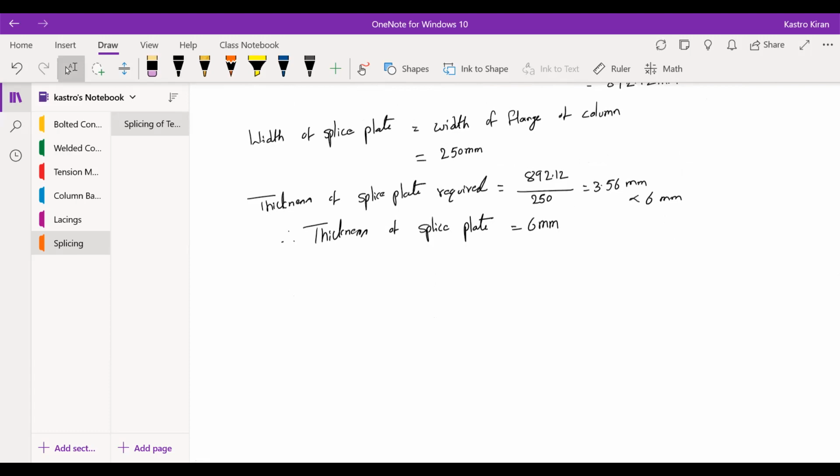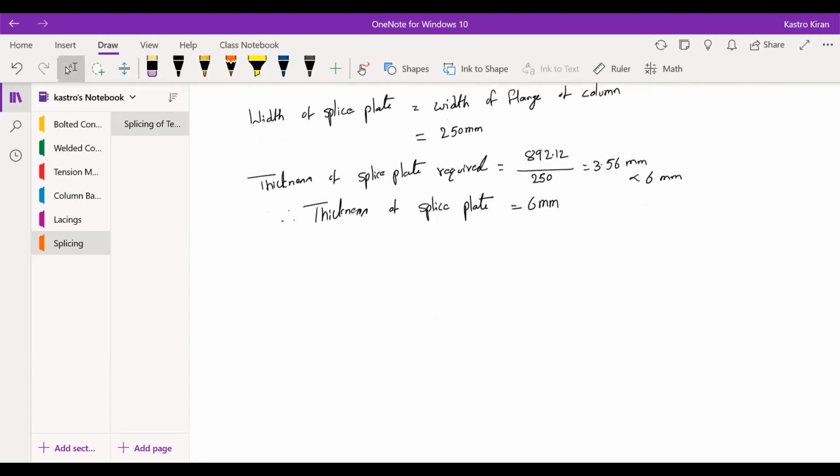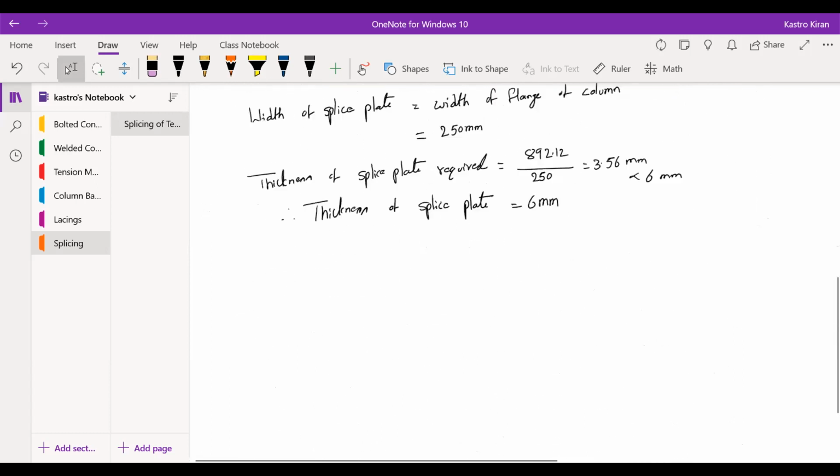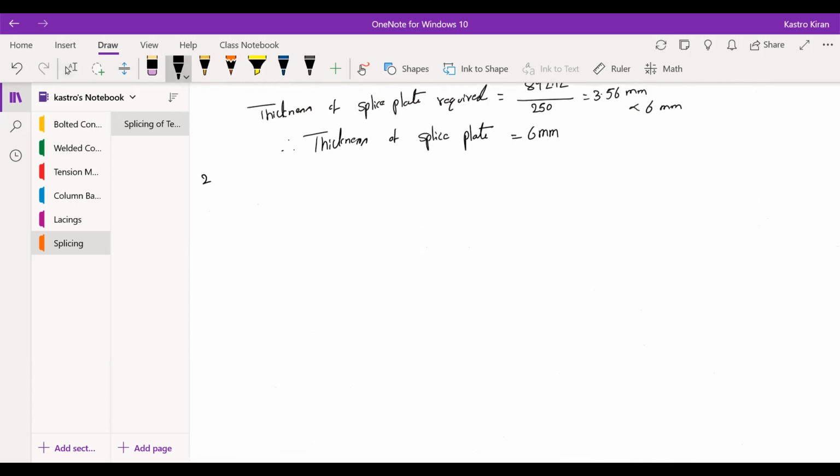So let's design the connections. So the second step can be taken as the design of connections. So here we are going to design the connections for flange splice plate.